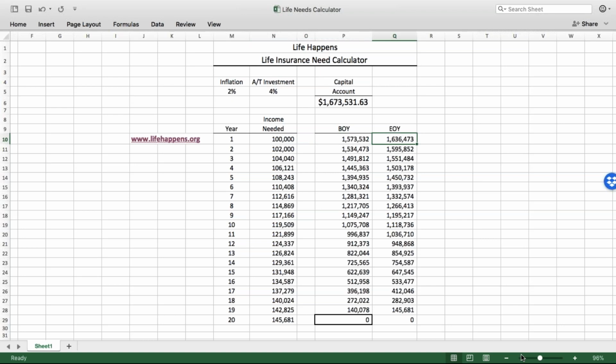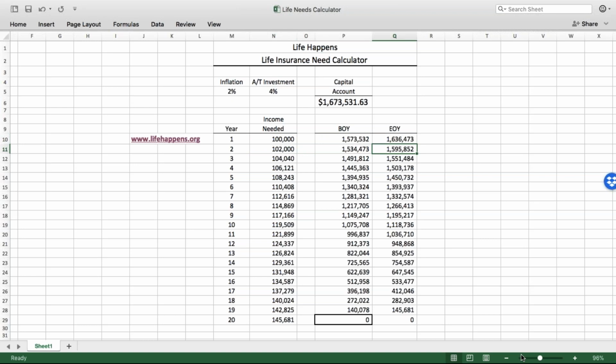$1,636,000. Now, as we proceed, we are going to take from that $1,636,000 $102,000, which will then leave us with $1,534,000 to earn interest at 4%, which grows to the $1,595,000.